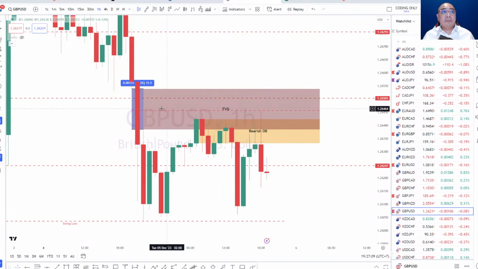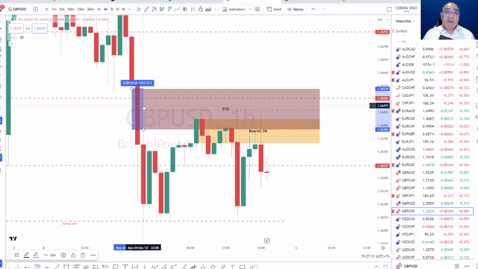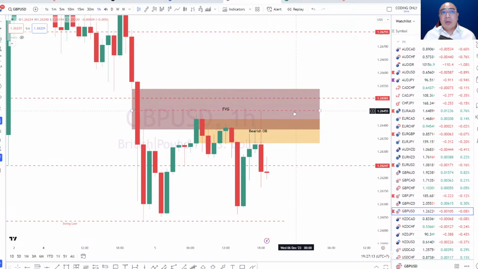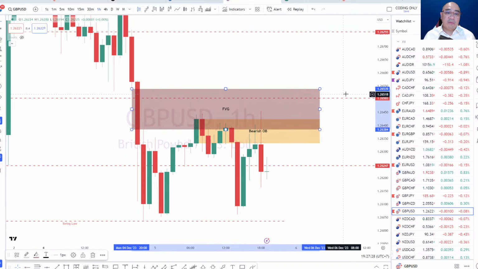I just want to highlight the reason why fair value gap is so important, because you might think that there's actually nothing in there that could cap the market from going higher. Instead, you could look at that as a potential order block, but if you add something else in there, you would identify this as a fair value gap, and you would be more careful about buying pound USD.